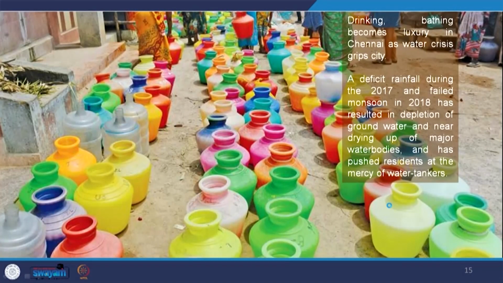And what is that leading us to? It is leading us to a crisis of potable water, water which is fit for drinking and human use. There is less and less rainfall across the world, and hence our water bodies are shrinking. Cities which were once built on the banks of rivers no more can draw water from these rivers, and that is something which is a cause of worry for governments across the world.